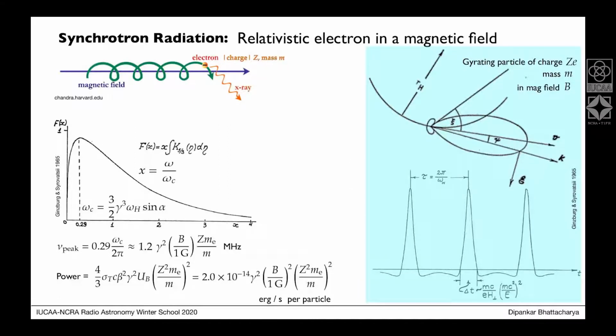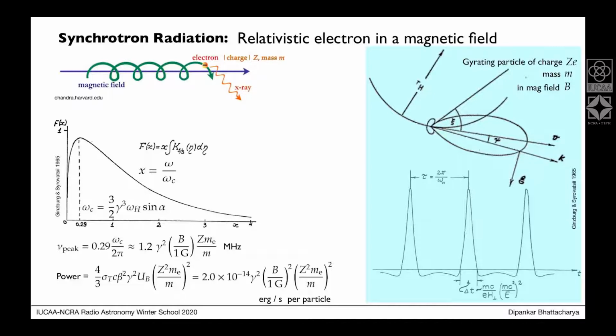Now here what happens is that in this right-hand diagram, I have shown a part of an orbit of an electron. And because of the strong relativistic motion, the electric field is now beamed very strongly in the forward direction of the motion of the electron.